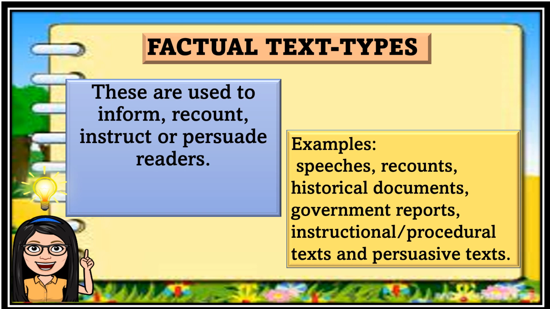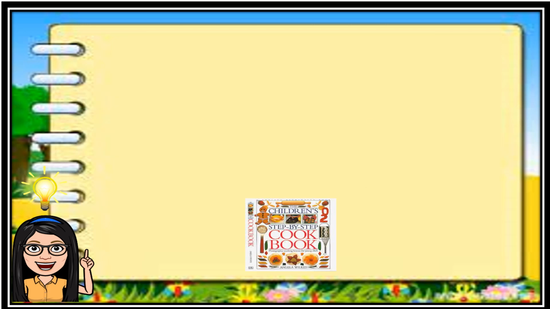So here are examples of factual text types. We have speeches, recounts, historical documents, government reports, instructional or procedural text, and persuasive text.